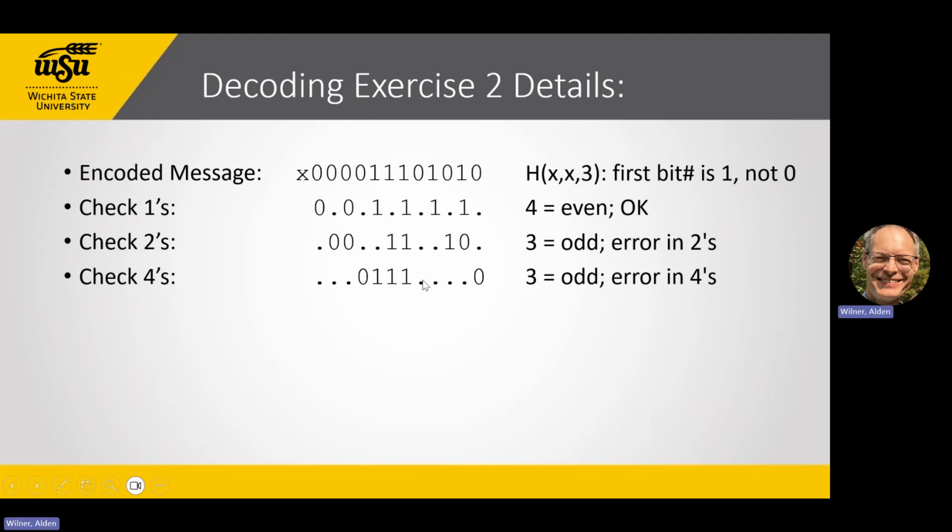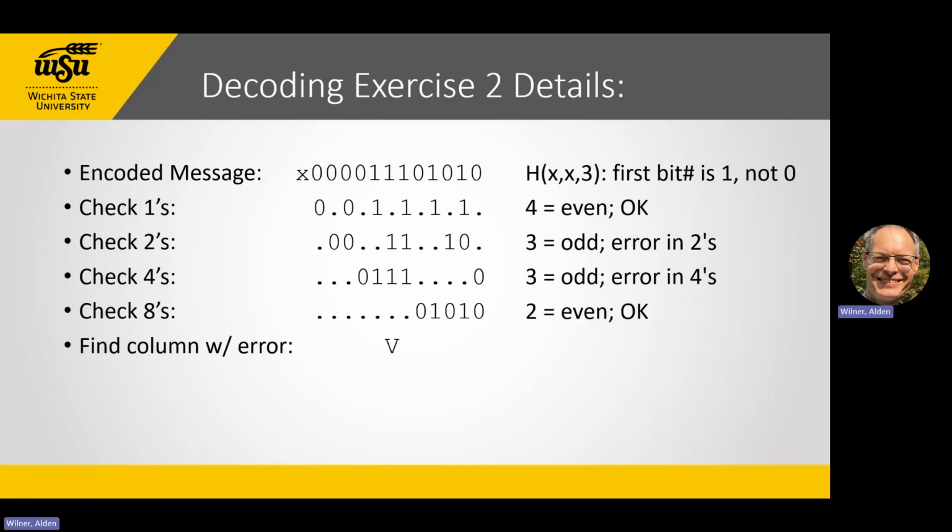Error there? Yes. So there's an error in the 4's bits. Now we check the 8's. And again, we start at bit number 8, 9, 10, 11 until we get up to 15. That's even. So where is the error? 2 plus 4. Bit number 6 is flipped.